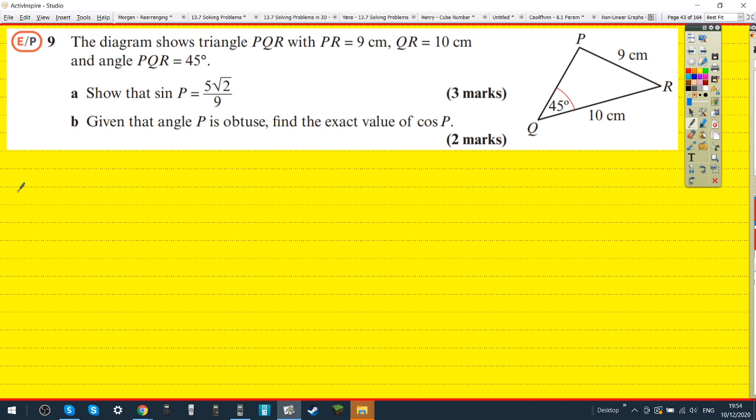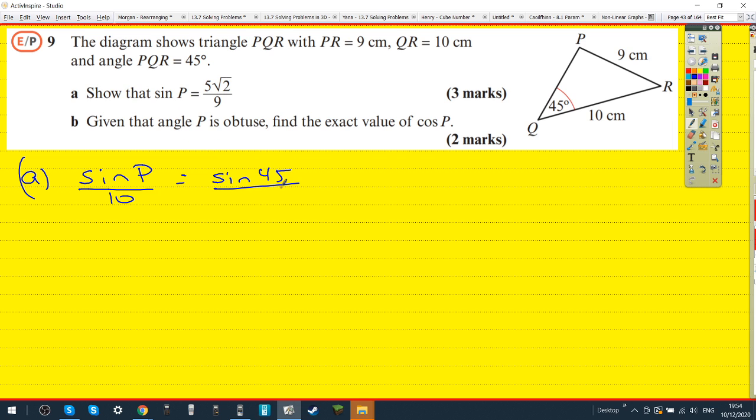Would you do 10 over sine x is equal to 9 over sine 45? It's easier if you put the angles on top if you're finding an unknown angle. So it'd be sine x over 10. You can call it sine P. Sine P over 10 equals sine 45 over 9.